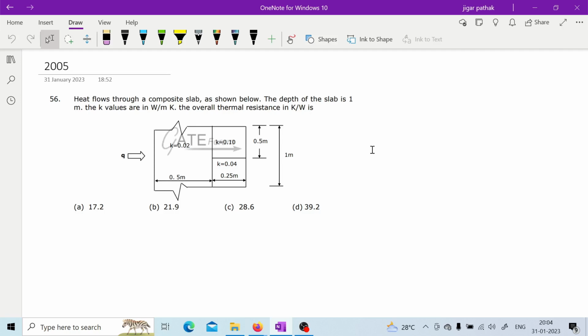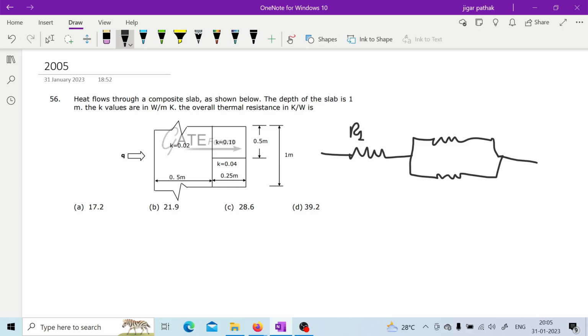Here your circuit will be like this. So R1, R2, R3 will be like this. As this is a plane wall, this resistance will be L by KA.